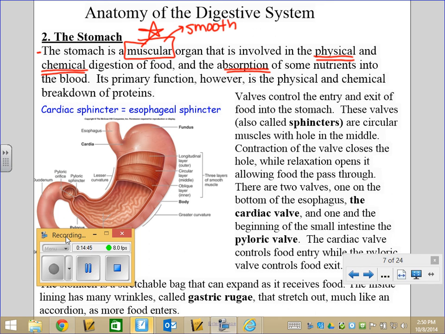Now, if we had to pick one thing that stands out as the primary function, we would say that the primary function of your stomach is the physical and chemical breakdown specifically of proteins. It can help digest other types of macromolecules, but the thing that the stomach is known for is the way that it digests protein.